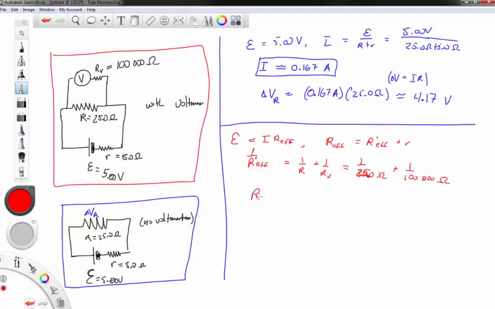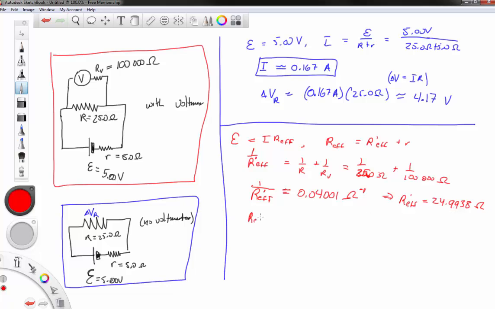Basically, 1 over R effective prime is going to be about 0.04001 inverse ohms, and if you take the reciprocal to get the actual effective resistance, you get R effective prime of 24.99375. I'm just going to carry it to there.